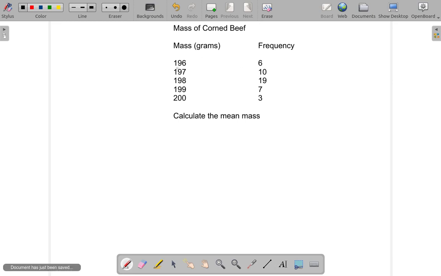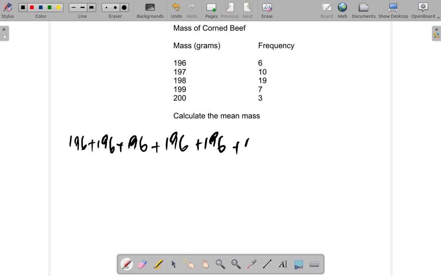So if you should add up all of those weights, what you would have is 196 plus 196 plus 196 plus 196 plus 196 plus 196, and then you had 10 of them. I should say mass instead of weight.